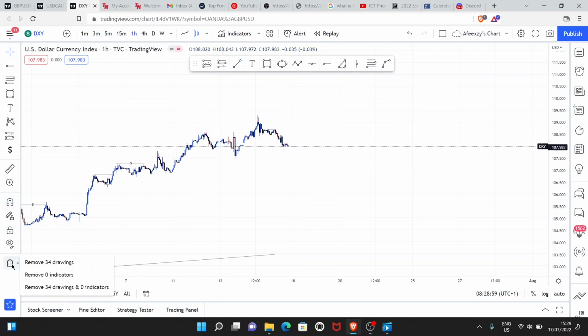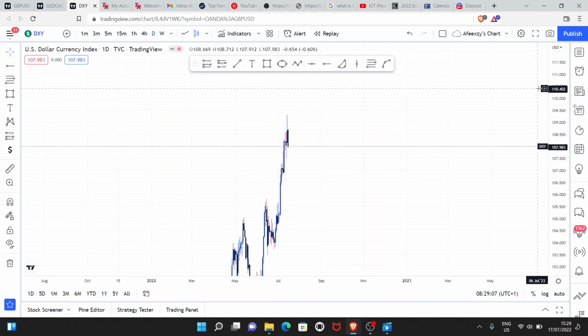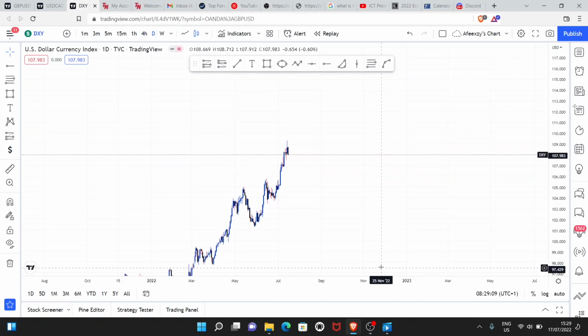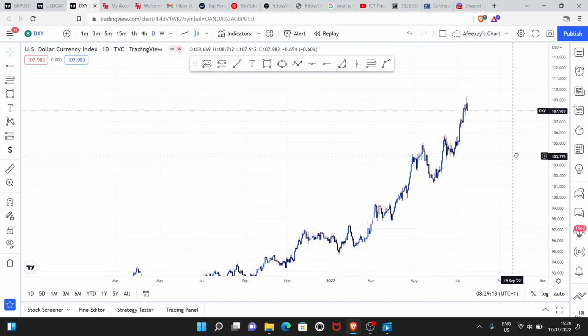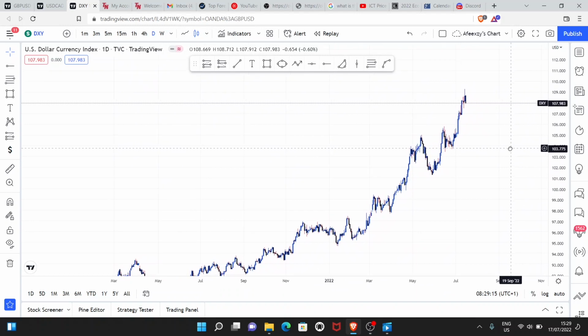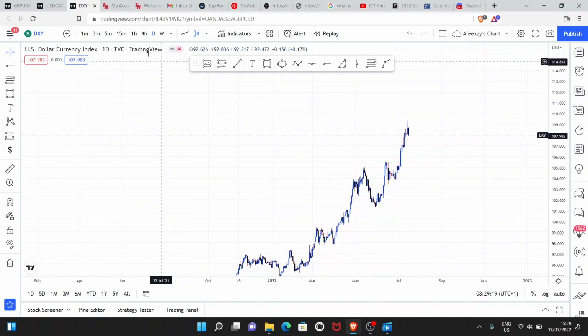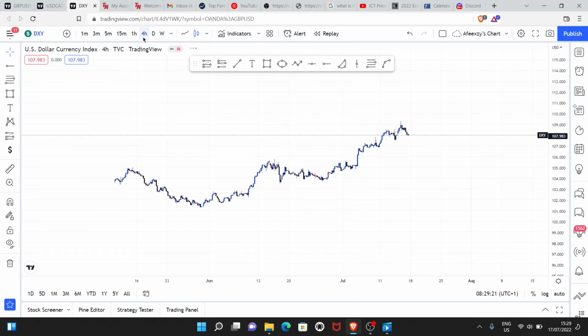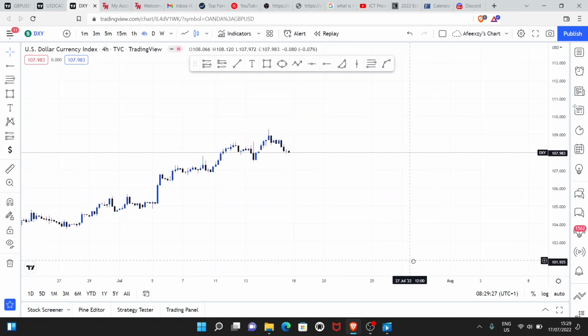Let me clear out all these things here. On DXY, let me go to the daily. On daily it is just very bullish, so shorting DXY is very risky to me, but when I see my confirmation, I will short it. But definitely DXY is very bullish, that is the dollar index.